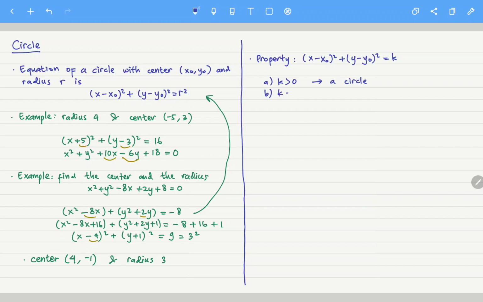If k is equal to 0, then we will get a point. If k is less than 0, then no real solution. So it is not a circle or a point.